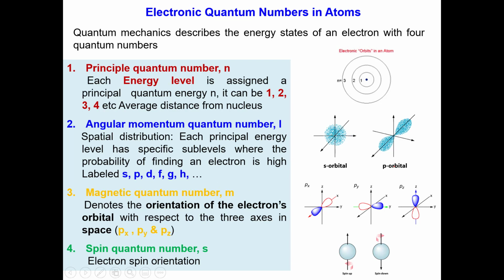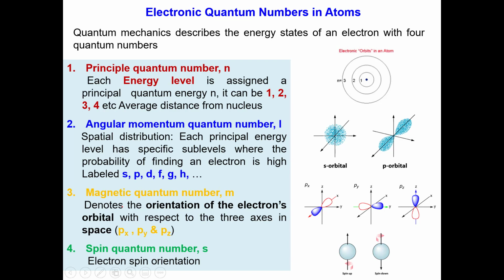If it is S, it will be like that. Yes. If it is P, it will be like that. Yes. And if it's D, it's complex. I will show you what the D orbital looks like. The more electrons the subshell can hold, the more complex the shape of the orbital.